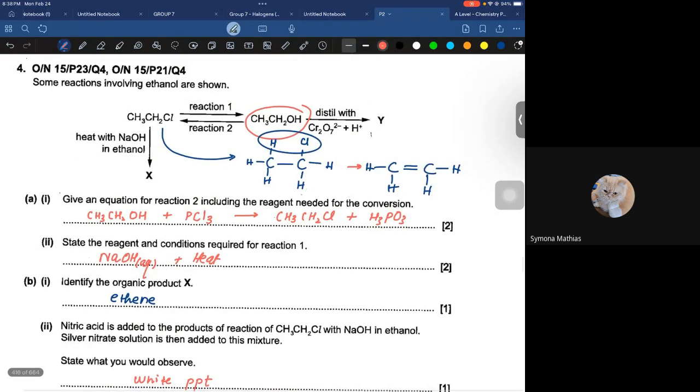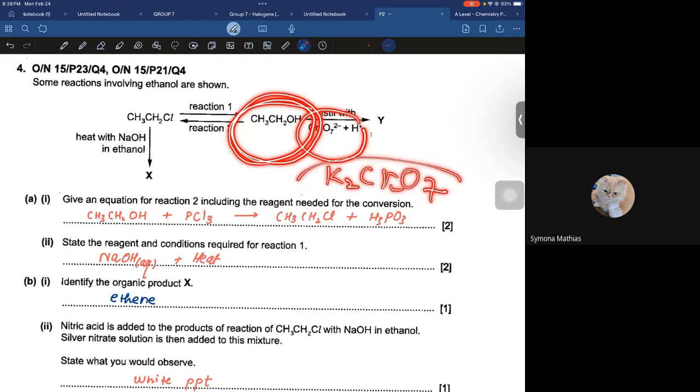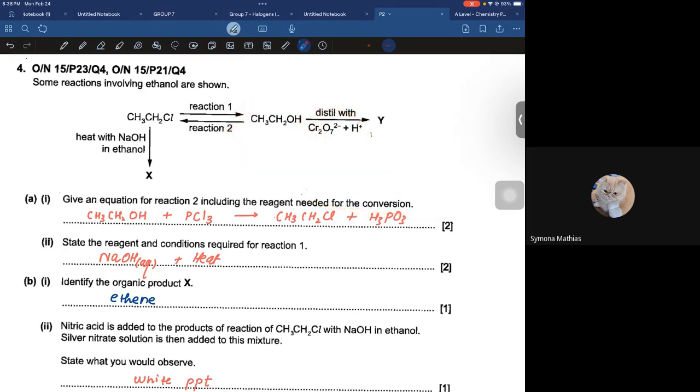So what is Y? Let's look at Y. They are saying your primary alcohol is going to react with an oxidizing agent, K2Cr2O7, potassium dichromate, which is orange in color, and after the reaction it changes color to green, orange to green. But I told you, you have to look at the conditions, because there are two conditions for this reaction.